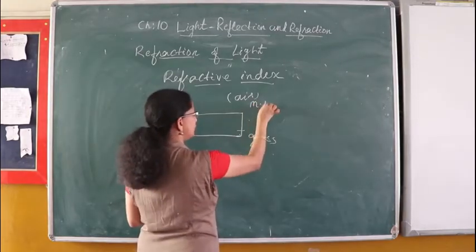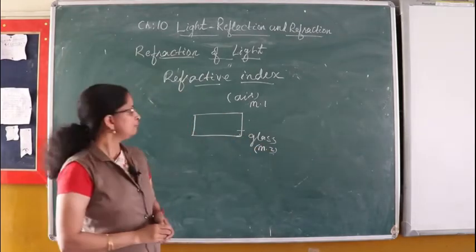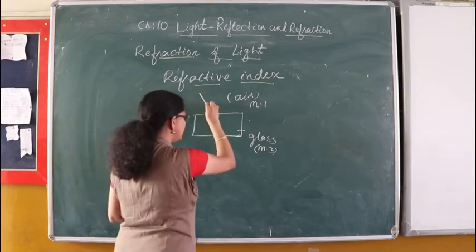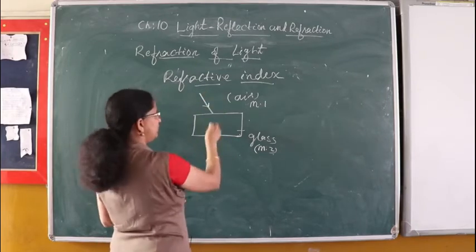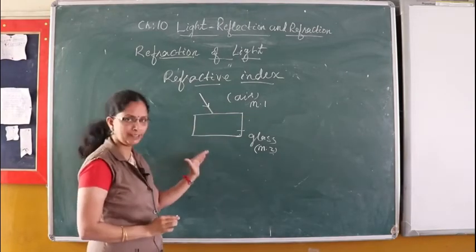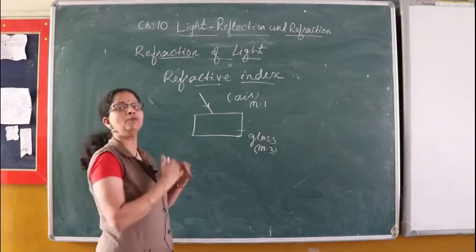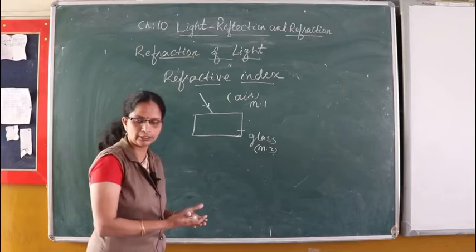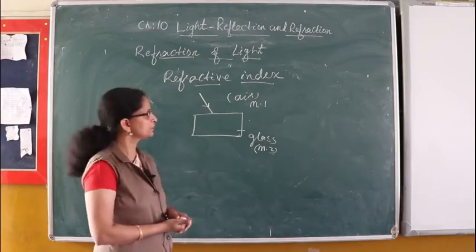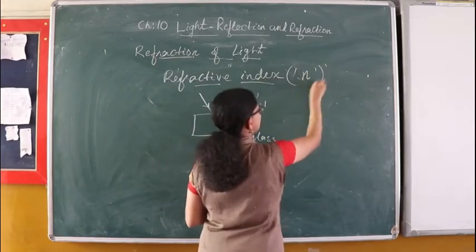When a ray of light enters from medium 1 to medium 2, since the media are different, the speed of light is different, and there will be a change in the direction of propagation. How much is that extent of change in direction? That is explained in terms of refractive index, and refractive index is denoted by the letter n.